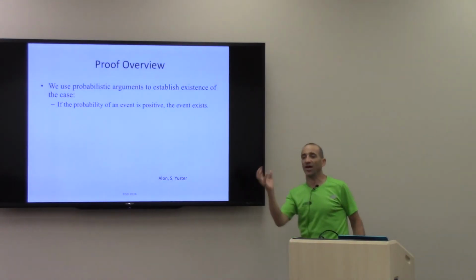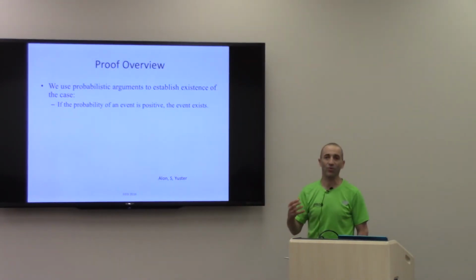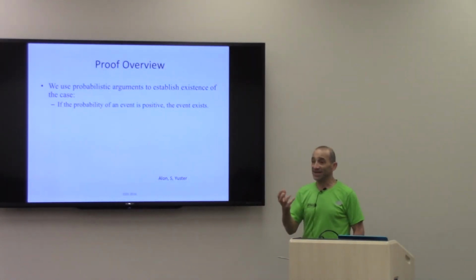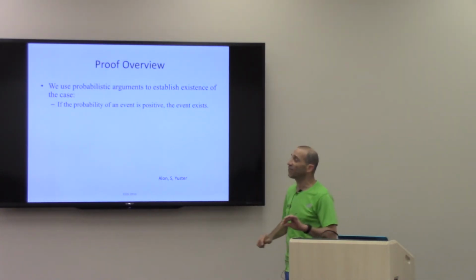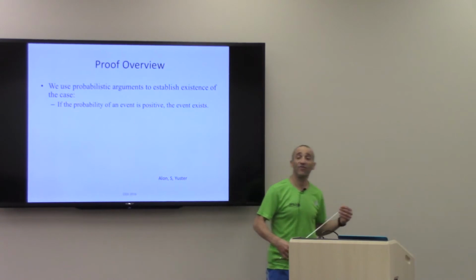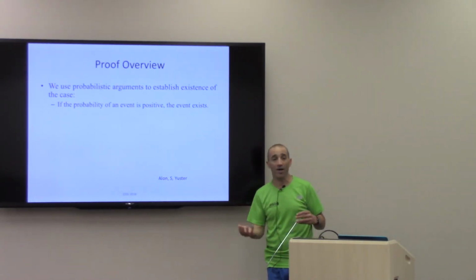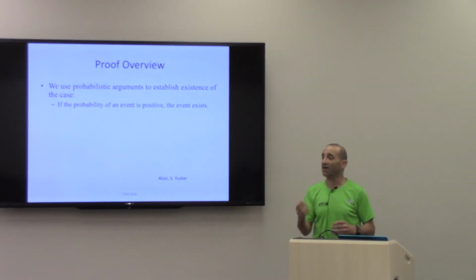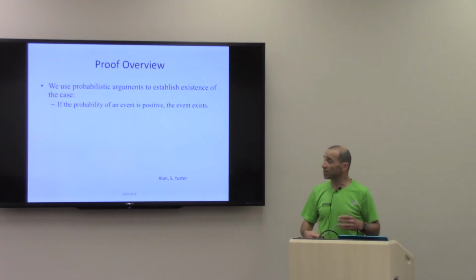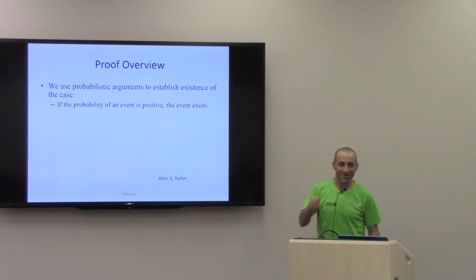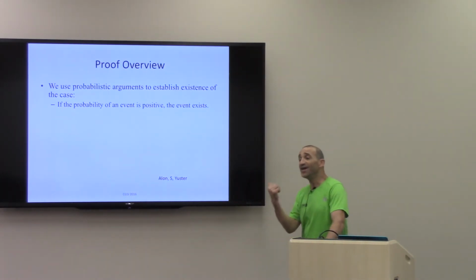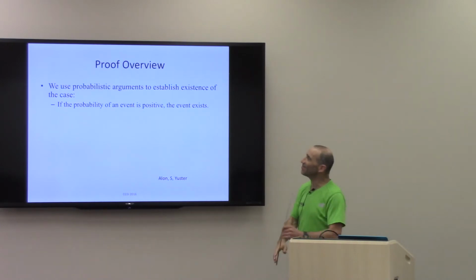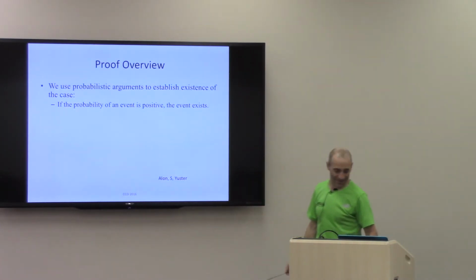We just kind of turned around. So if we have something that occurs, okay, if we have like half of our guys are female and half are males, so in probability half we will find either guy. Okay, so we say if the probability is positive, the event exists. Okay?